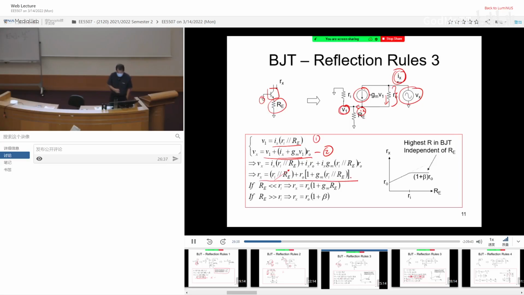It's quite complicated, but looking at this one, right away we know something we can throw away, this term. Because I know this cannot be bigger than Ri, and Ri is usually a few kilo ohm. The second term, R0, I know this one is at least R0, which is a few hundred kilo ohm. So compare the first term and the second term. I don't have to keep bothering myself with the first term.